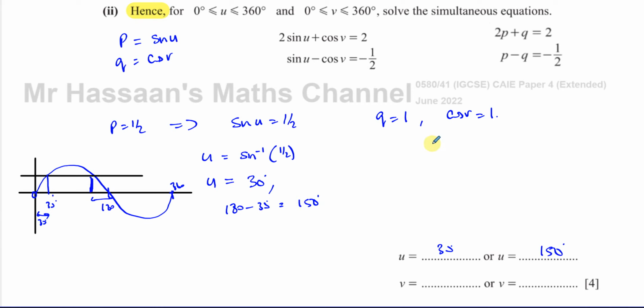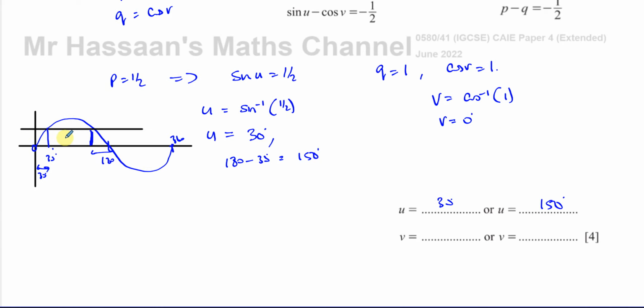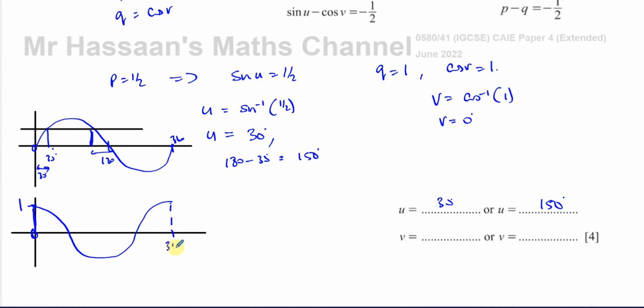Now for v, we find the first angle by doing inverse cosine of 1. That's going to give us 0, because the cosine curve looks like this. It starts from 1, goes down to 0 at 90 degrees, minus 1 at 180, 0 at 270, and back to 1 at 360. So it's 1 at 0 degrees, and the next place it's 1 is at 360 degrees.